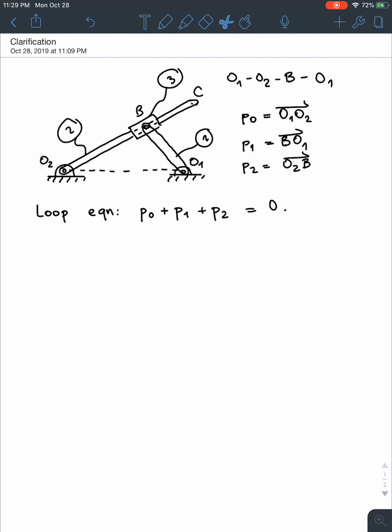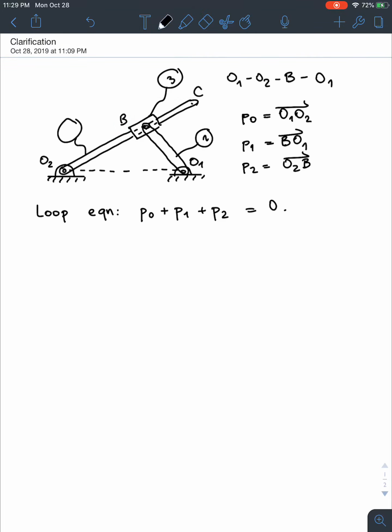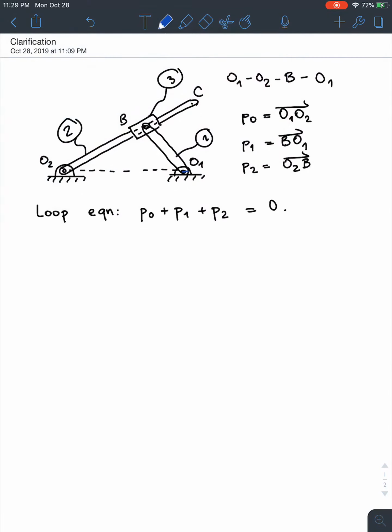So what we had was that the axes were assigned something like this. We had x naught, y naught. I don't know, where was x naught, y naught actually in class? I can't exactly remember.